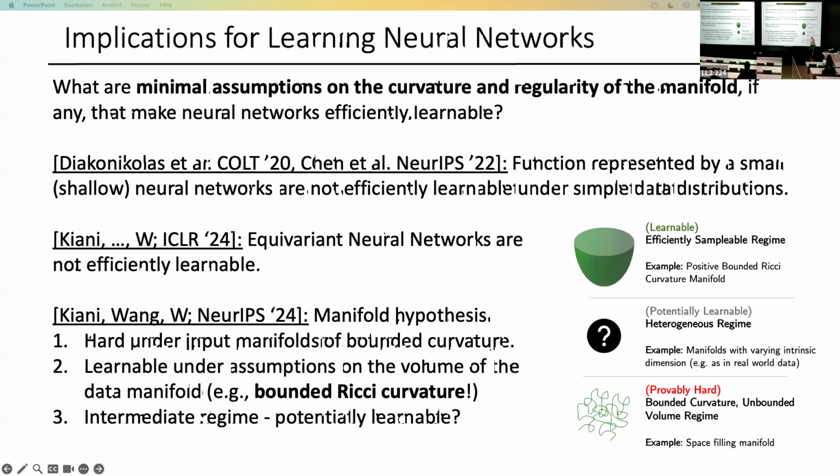It turns out, however, that there are additional geometric restrictions that one can make on the data manifold that make the neural network efficiently learnable. One of them is bounded Ricci curvature. There are others, so this is not exhaustive. These global bounds that we just saw that we can learn from the point cloud with Ollivier Ricci curvature would certify that we're in a setting where the neural network is efficiently learnable.